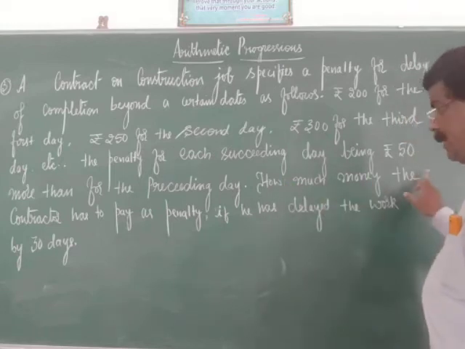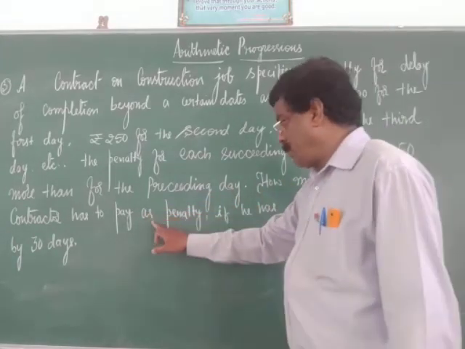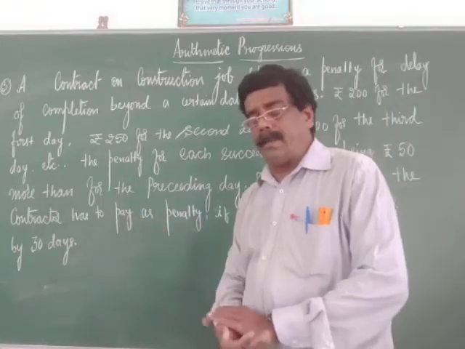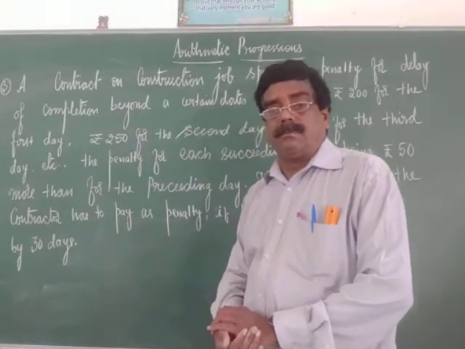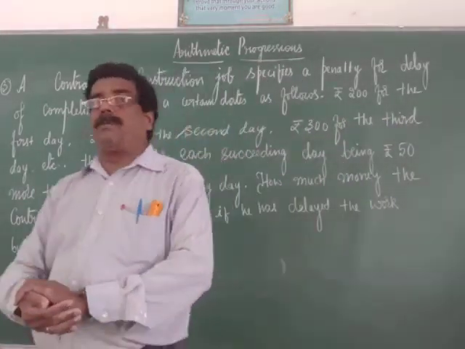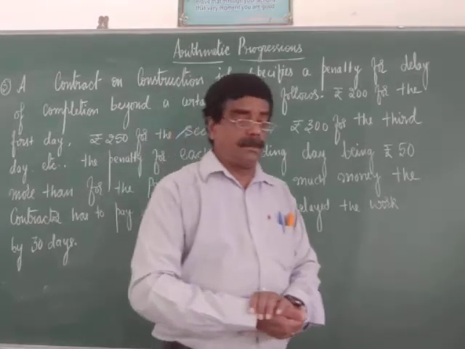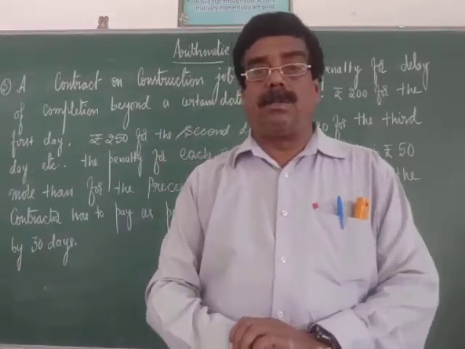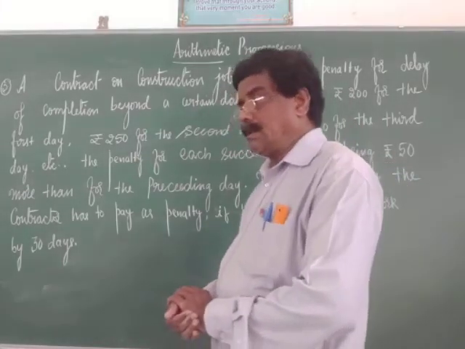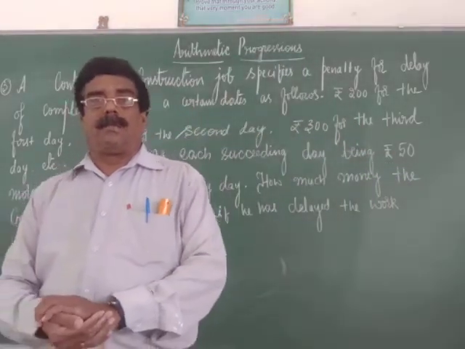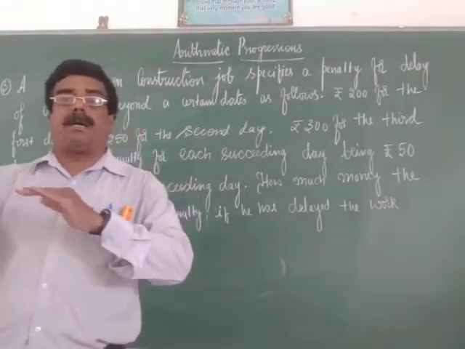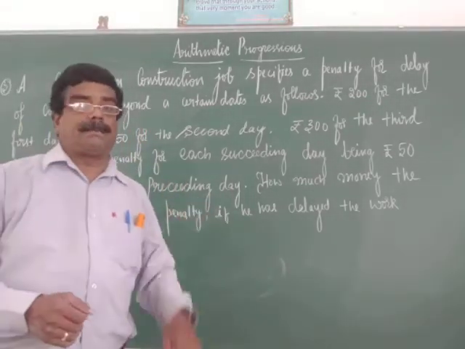How much money the contractor has to pay as penalty if he has delayed the work by 30 days. Means first day he is supposed to pay 200 rupees. Second day 250 rupees. Third day 300 rupees. Fourth day 350 rupees. Fifth day like that up to 30 days.